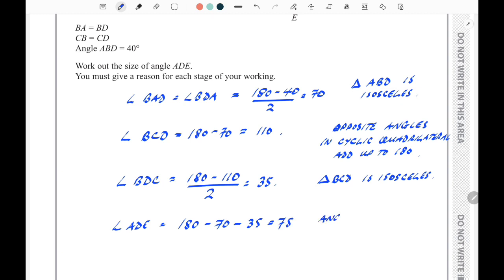Just writing angles on a straight line total 180 degrees.